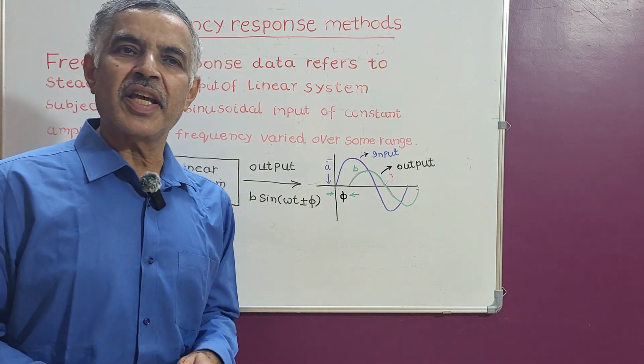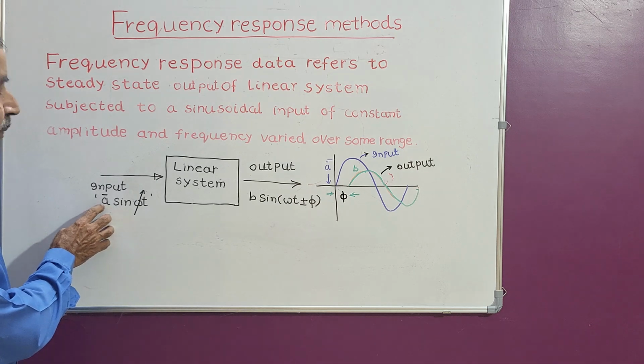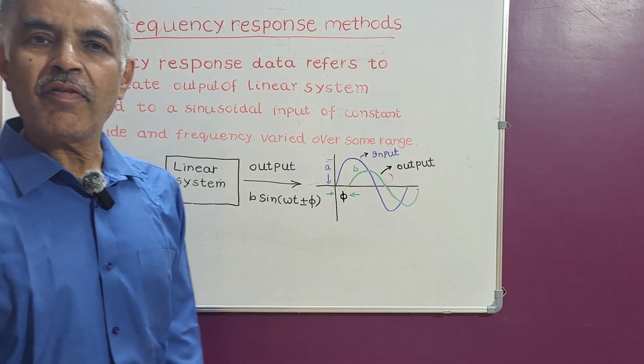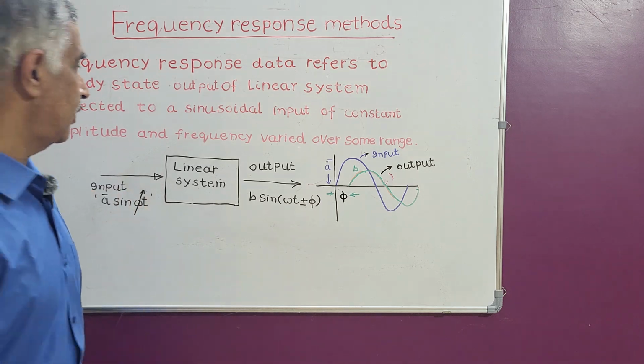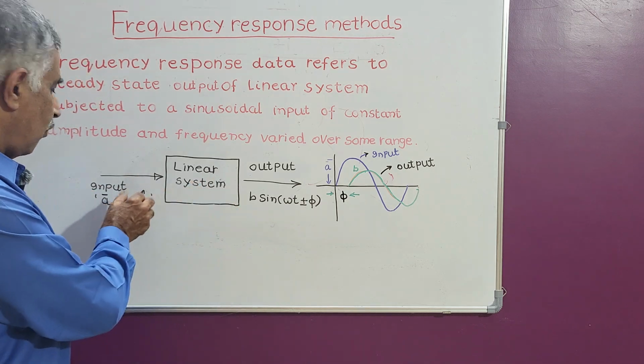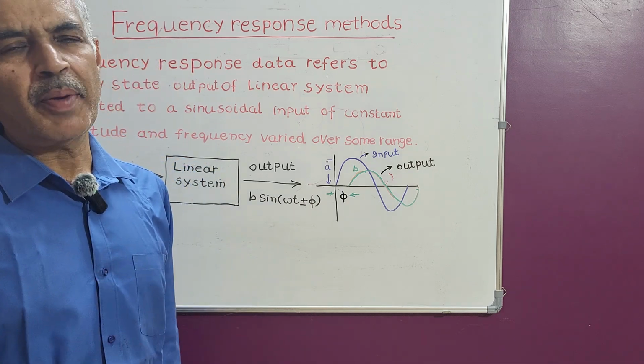Normally, while conducting the experiment in lab, we used to take a millivolt input. So A is of the order of millivolts. So A sine omega t is the input, and omega is varied. If you turn the knob of the signal generator, then omega is varied.